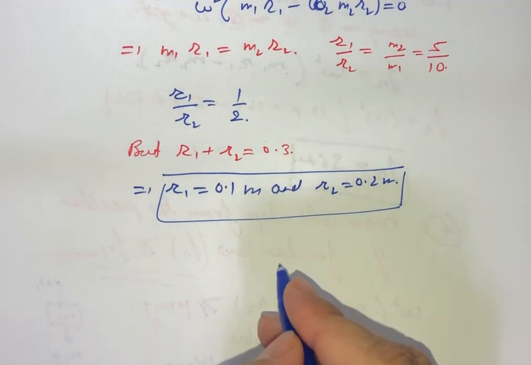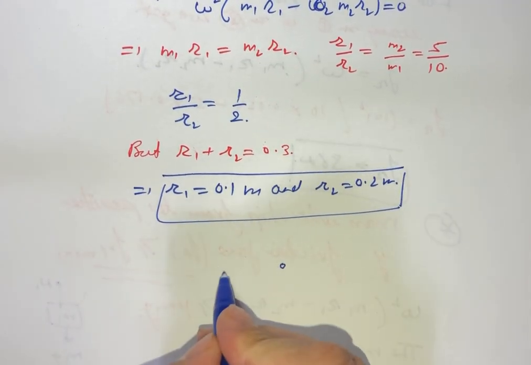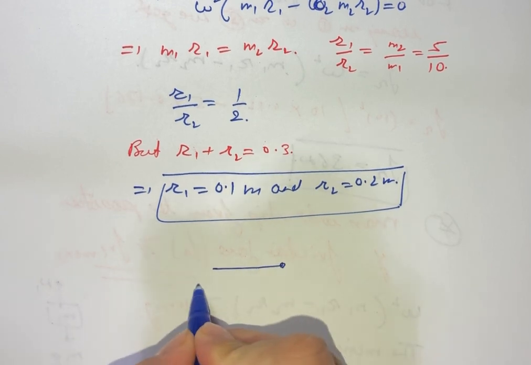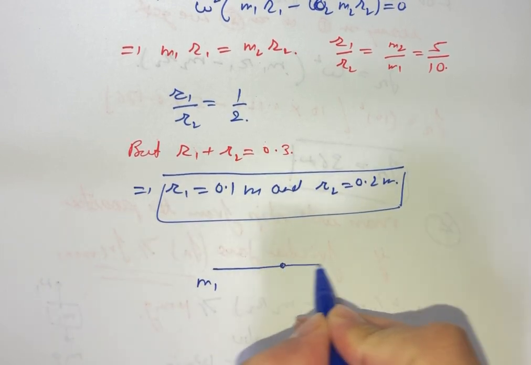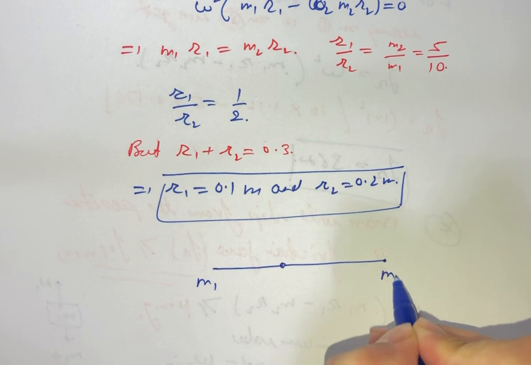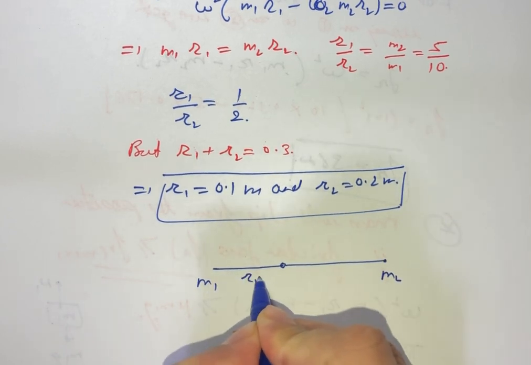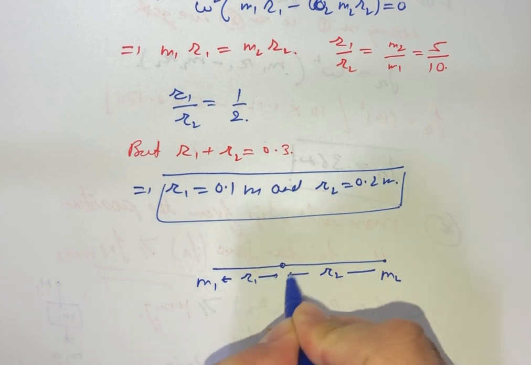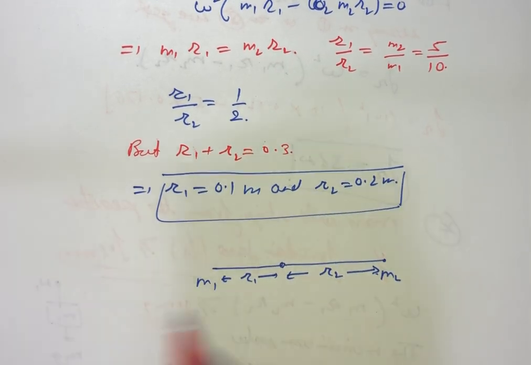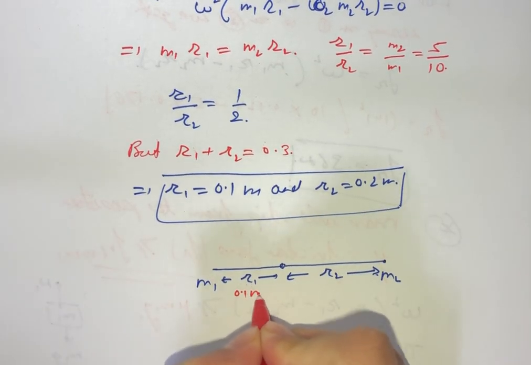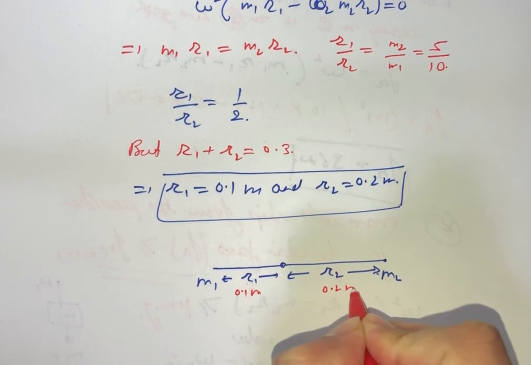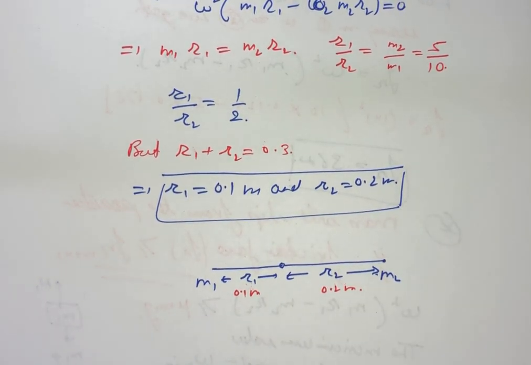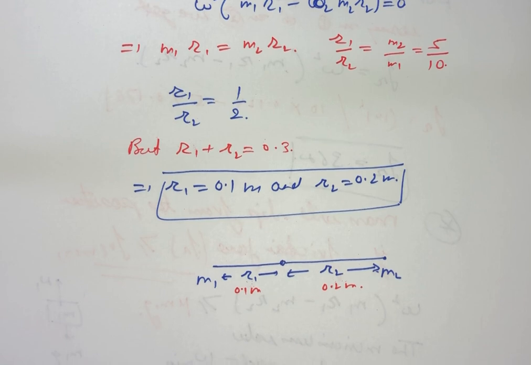So from the center, if this is center O, and this is our m1, and this will be our m2, so r1, and this will be r2. So r1 is 0.1 meter and r2 is 0.2 meters. So this completes the question. Thank you.